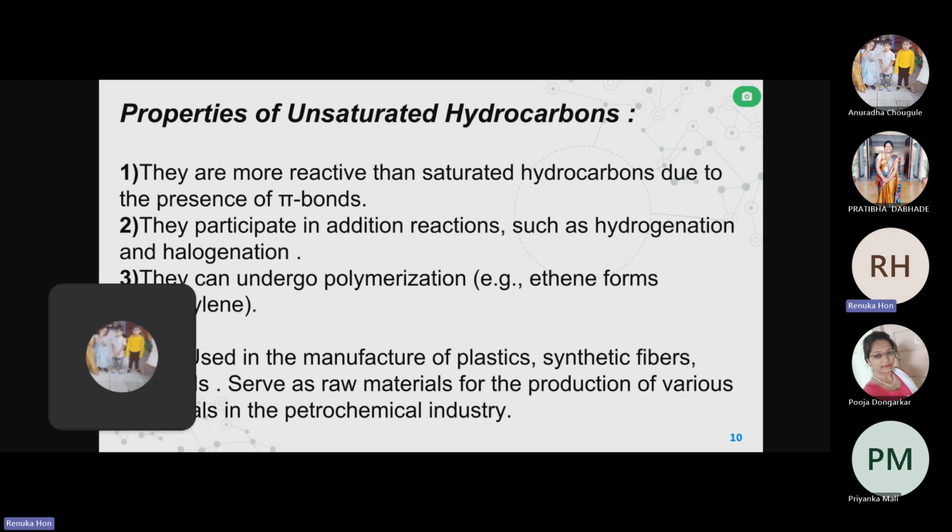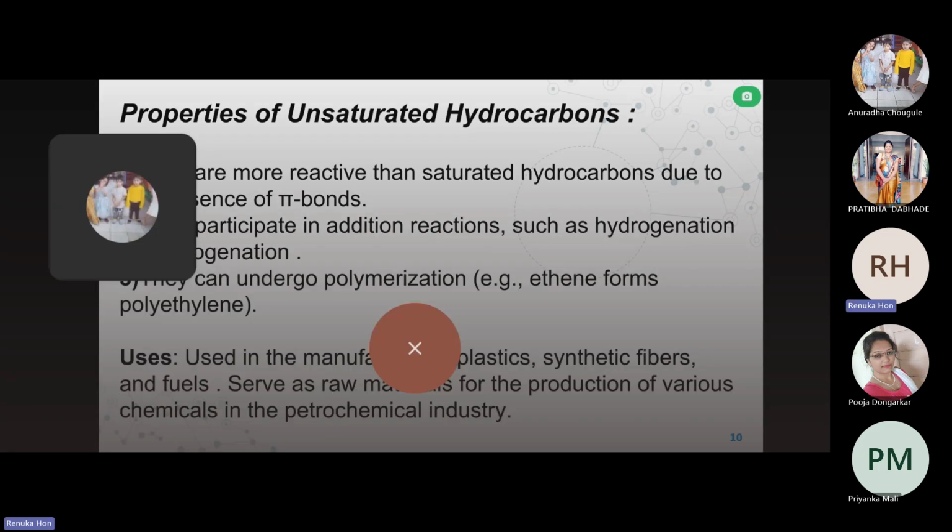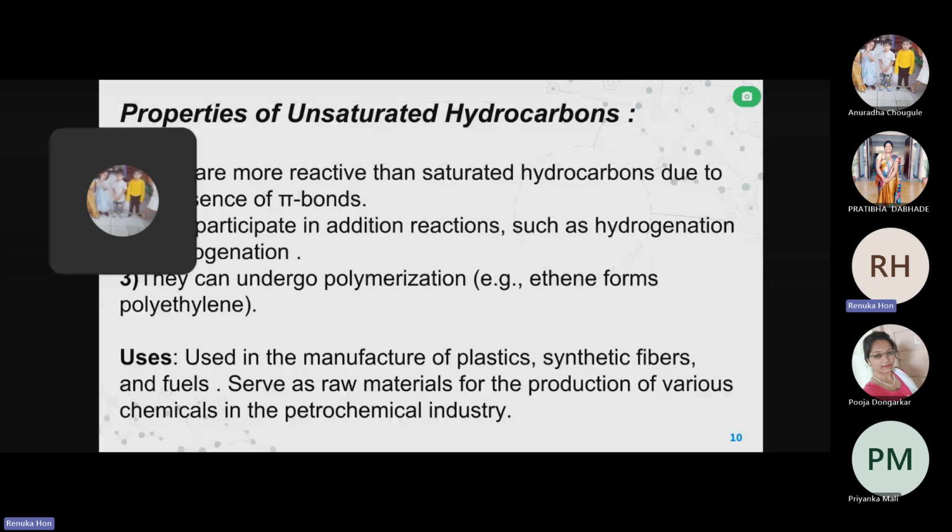For example, polyethylene, which we commonly use in carry bags and some plastic utensils, is made from ethene. When a number of ethene molecules combine together, we get polyethylene.